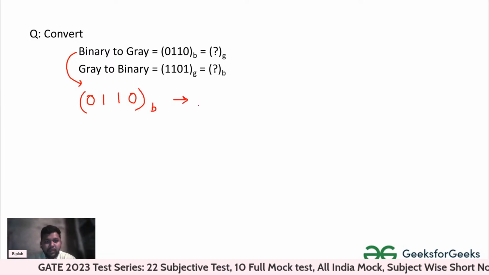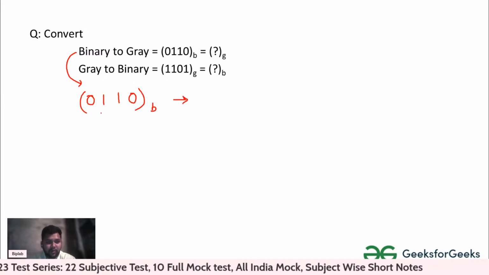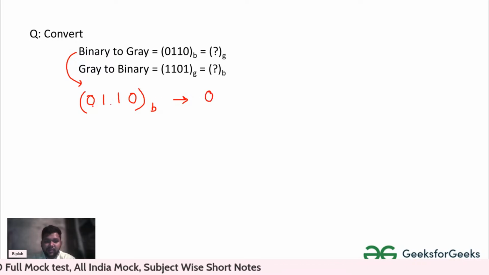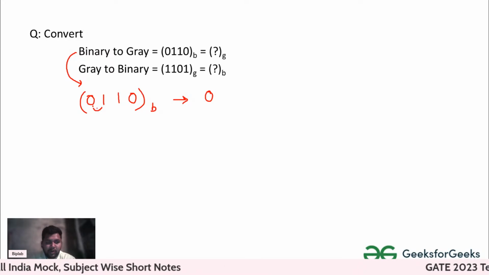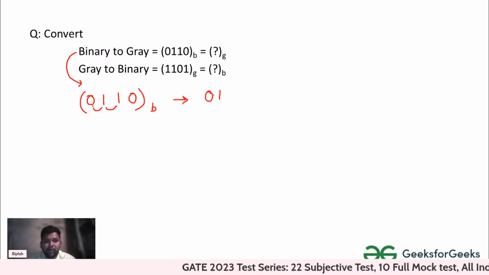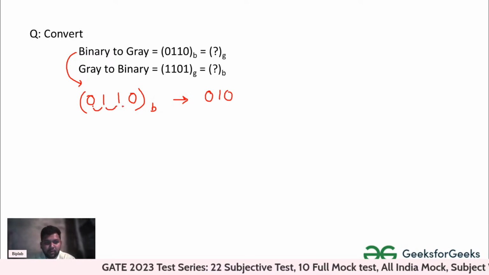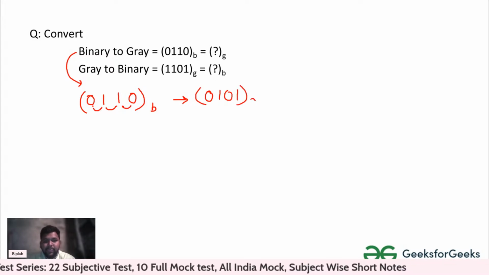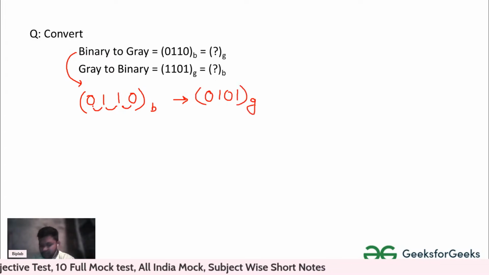You have to convert it into gray code. How will you do it? You will first copy the first digit as it is, then do XOR between successive digits. 0, 1: XOR result is 1. 1, 1: XOR result is 0. 1, 0: XOR result is 1. This is the gray code.